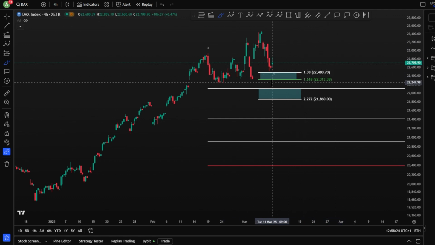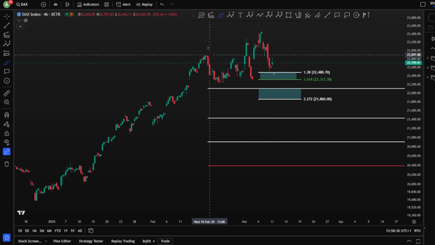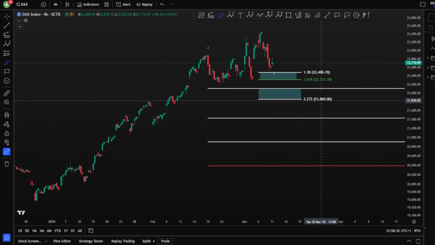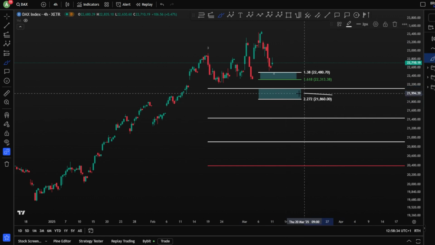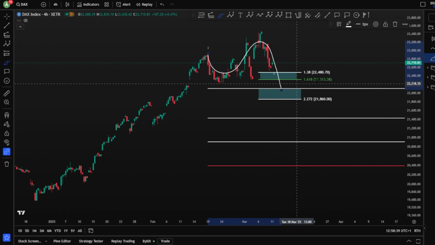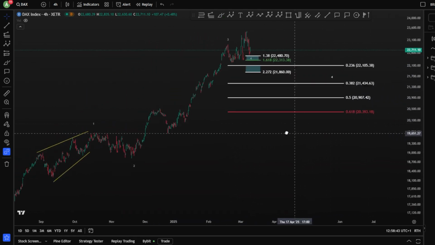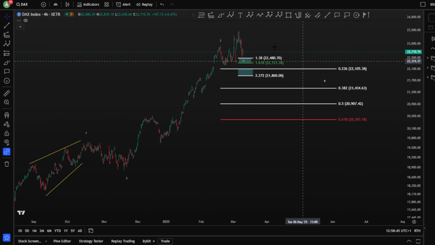Now, if the market is much more red, if the market continues to be very fearful, with a lot of fear and emotions, we might hit the 2.27 at 21K 800, meaning taking the low at least and hitting with it a wave 4 fib level, which is the 0.23 in confluence.